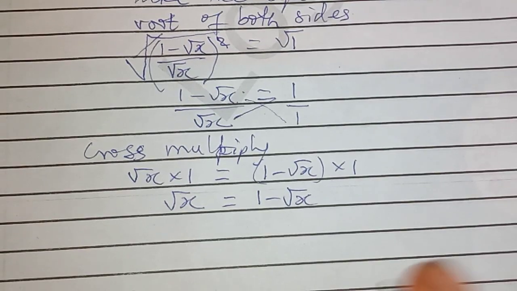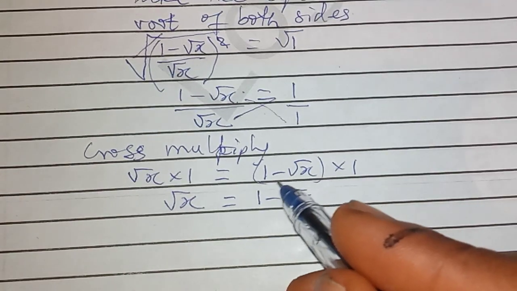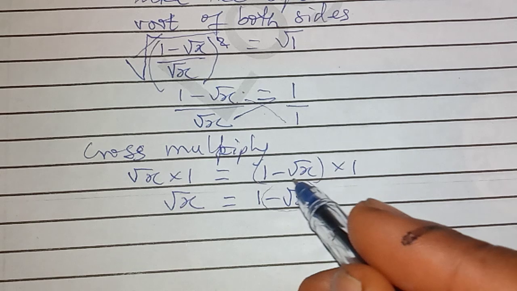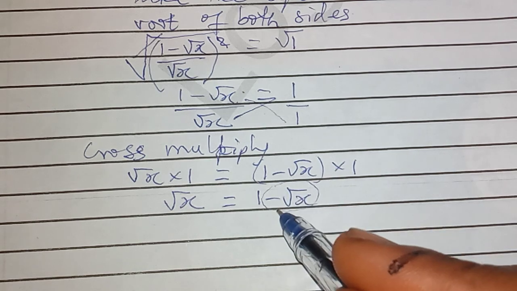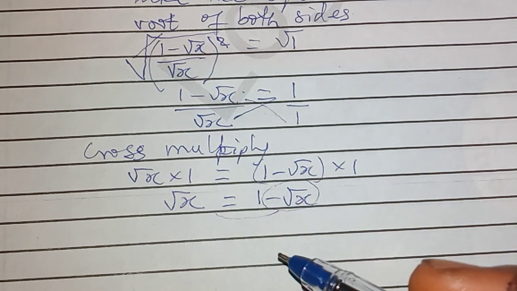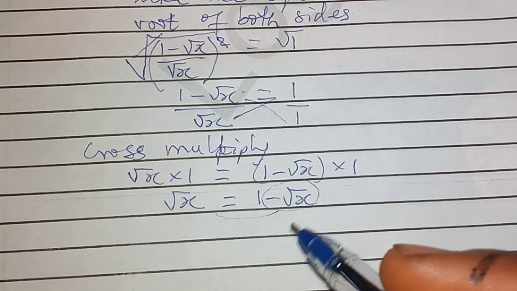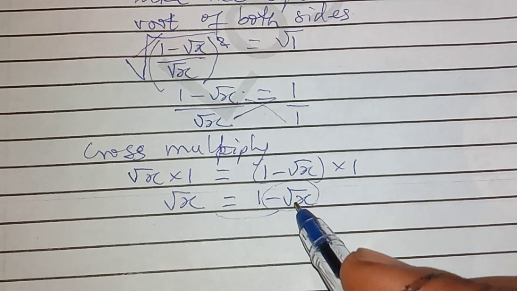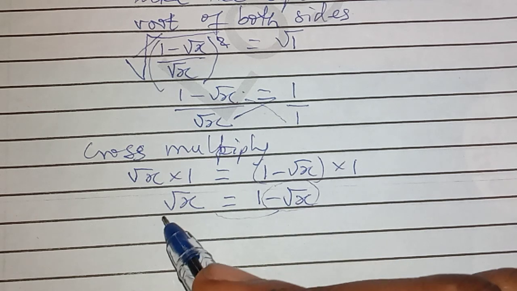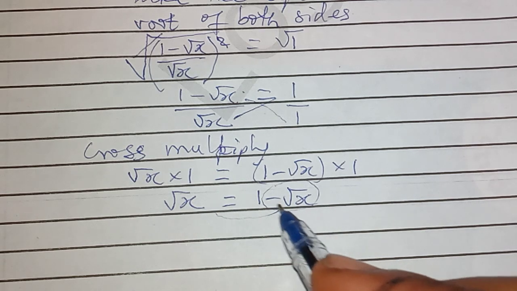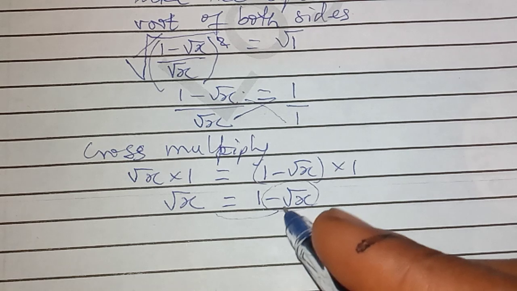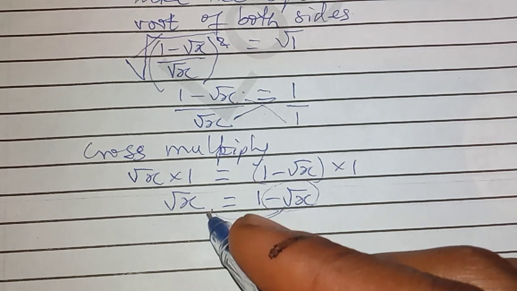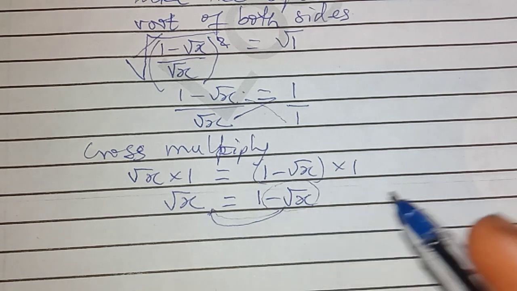So from here, we take this minus root x over to the left hand side of the equation, because square root of x and square root of x are like terms. When minus square root of x crosses over the equal sign, it becomes plus square root of x.